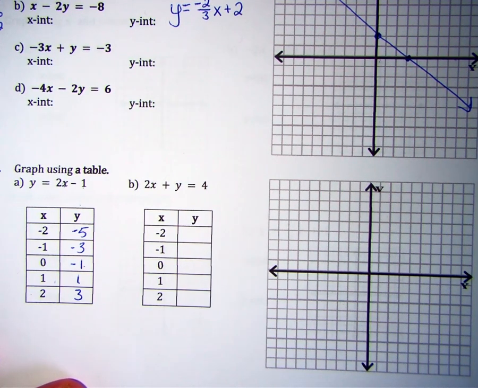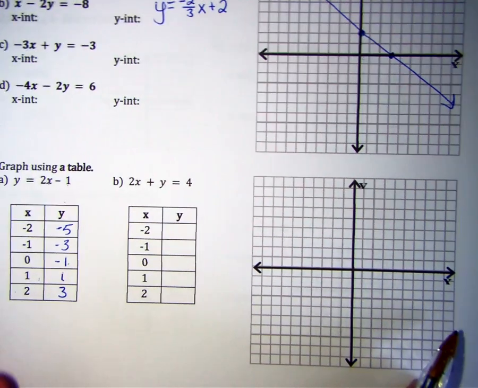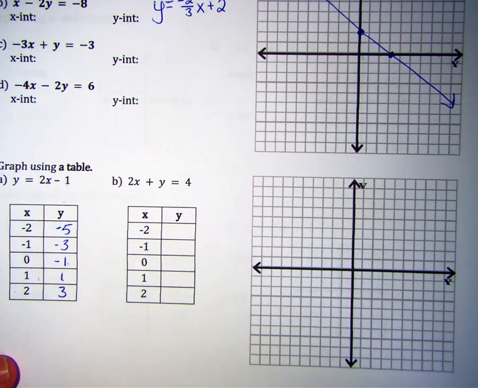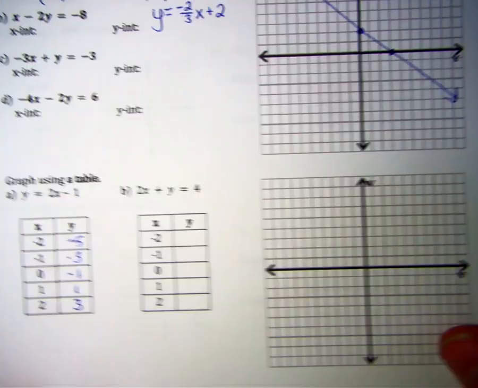Now we can graph any of these or all of these on our graph, and that will give us a line that represents this equation in this table.